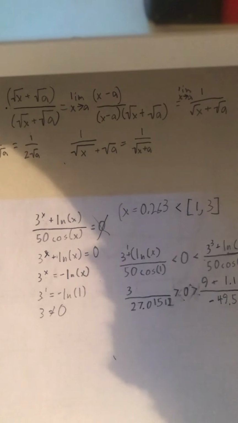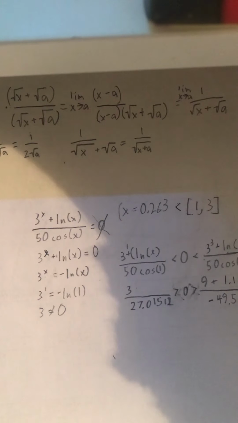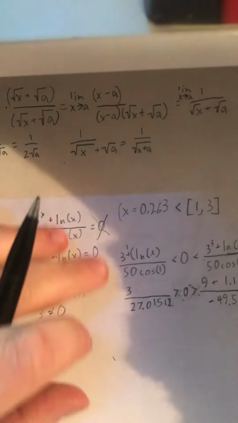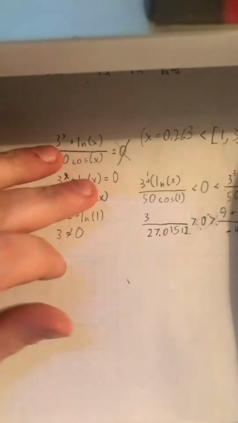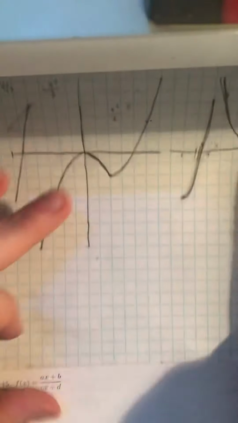All right, given the graph of y equals f of x, sketch the graph of y equals x. Explain the key features of y equals f of x. Okay. Well, thankfully we have some handy-dandy graph paper here.